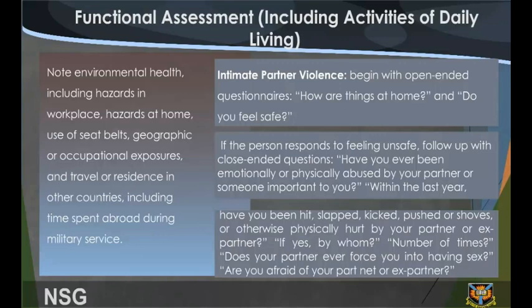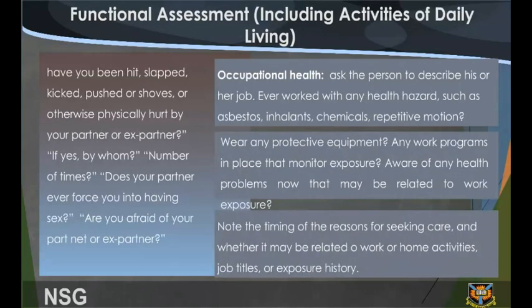Have you been hit, slapped, kicked, pushed or shoved, or otherwise physically hurt by your partner or ex-partner? If yes, by whom? Number of times. Does your partner ever force you into having sex? Are you afraid of your partner or ex-partner?